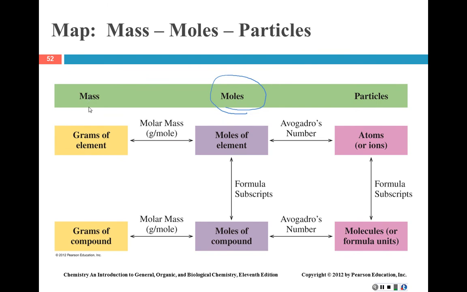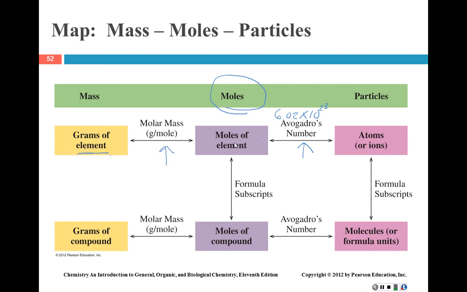If you're given grams of something, you use the molar mass to convert that to moles. If you want to know how many atoms that is, you have to go to moles first, and then you can use Avogadro's number, and you remember what that was, 6.02 times 10 to the 23rd, to get to atoms.